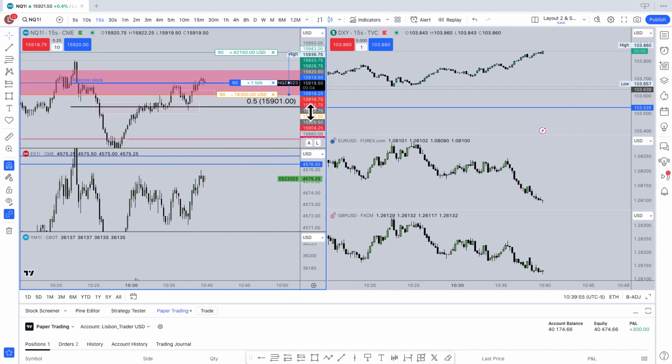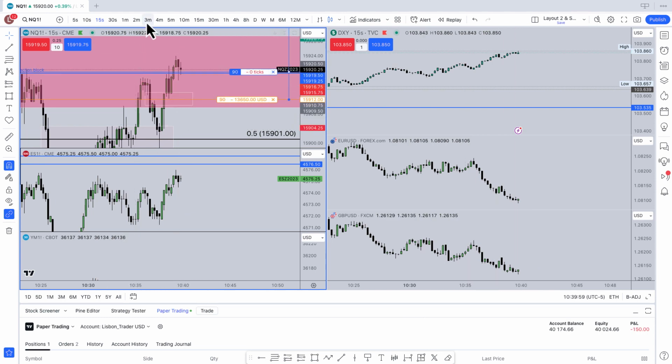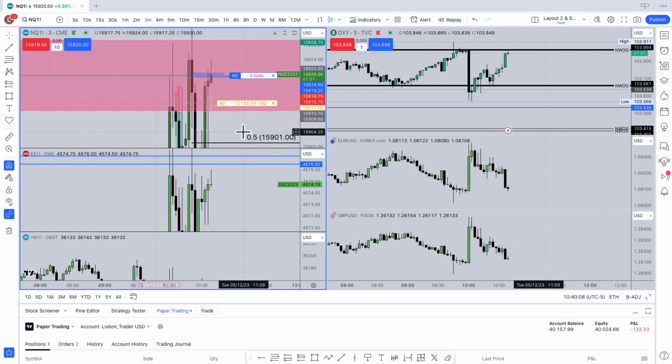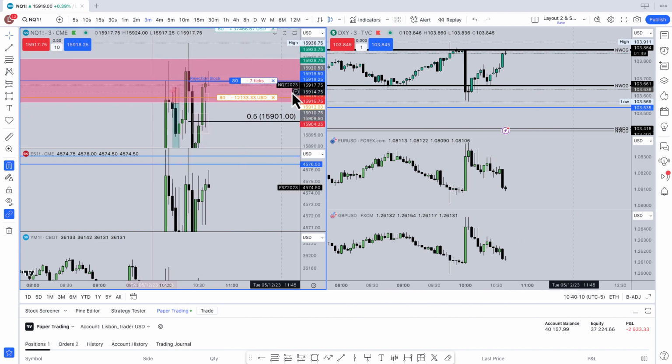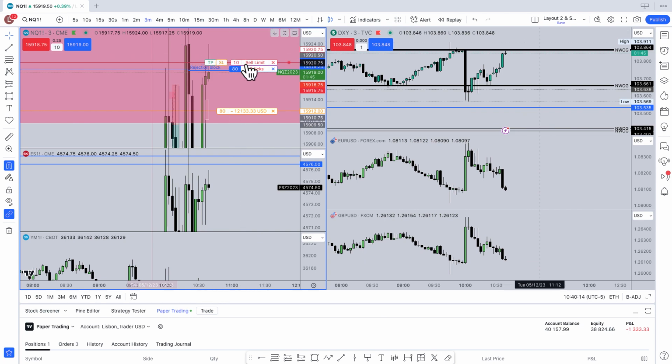So we are at too big of a stop loss, so we need to remove some of the risk by taking partials above the market price.